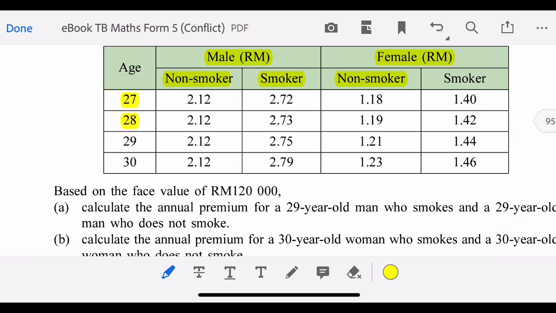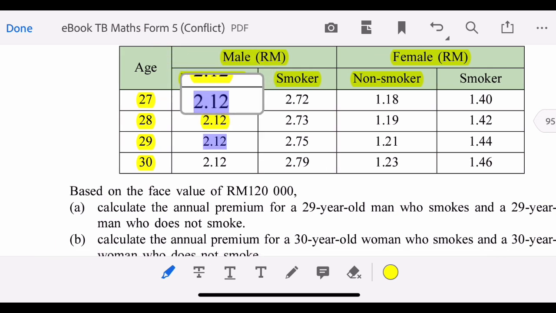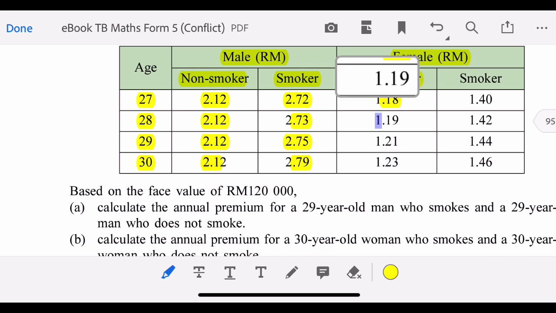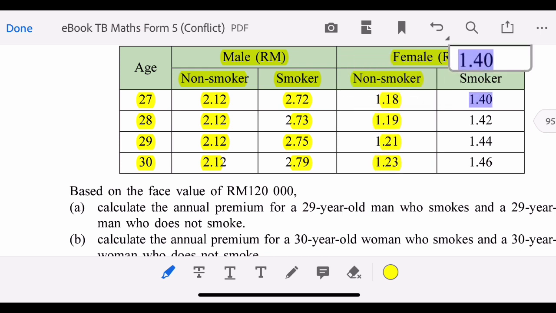When the age increases from 27 to 30, the non-smoker remains 2.12 for male. For smoker, it increases from 2.72 to 2.79, and for female it increases from 1.18 to 1.23, and for smoker from 1.40 to 1.46.